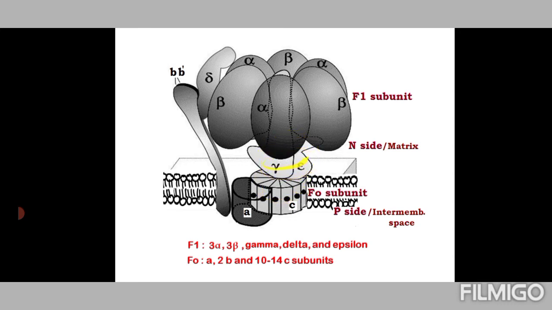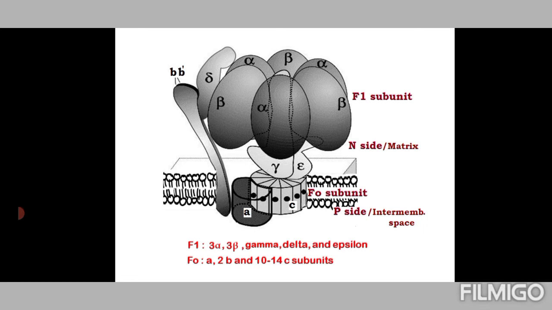The FO subunit, on the other hand, is a hydrophobic segment that is embedded in the inner mitochondrial membrane. The FO contains the proton channel of the complex. Here, the O stands for oligomycin, which specifically inhibits the FO subunit.